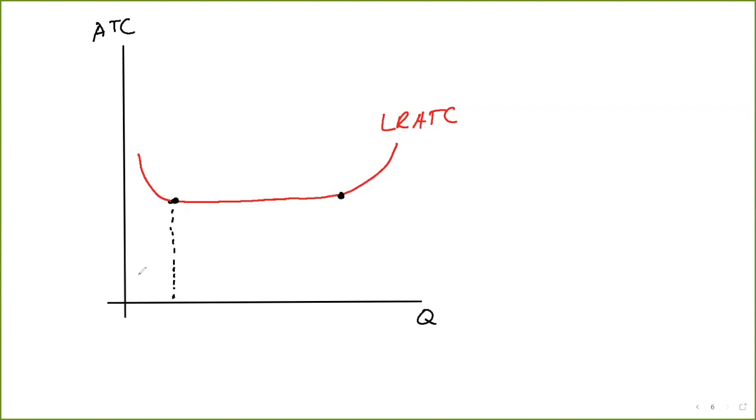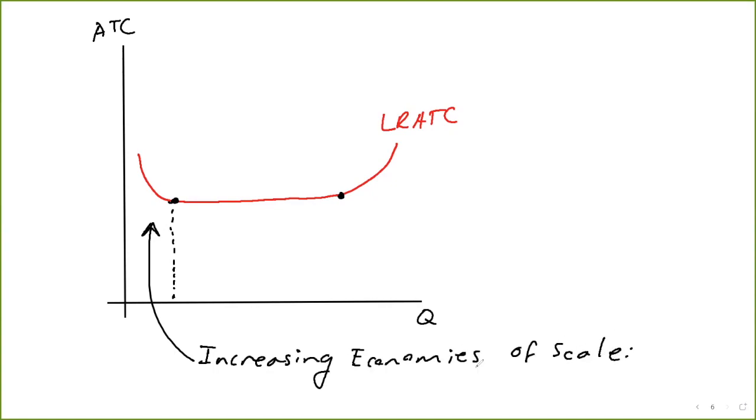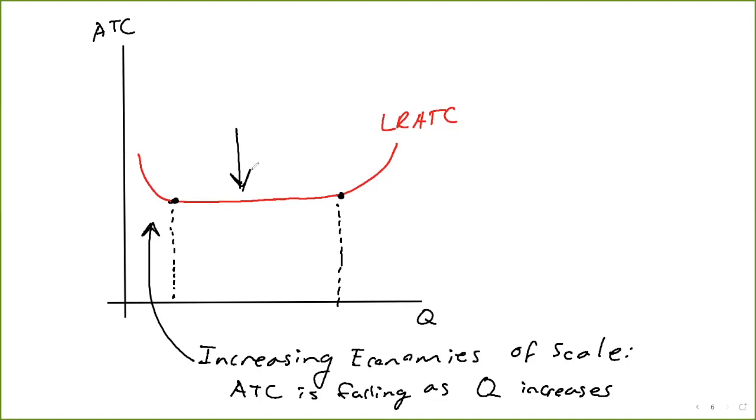So this region here, where we're decreasing our average total cost as quantity is increasing, we say that this region satisfies increasing economies of scale. And if a firm is exhibiting increasing economies of scale, like I said, that just means average total cost is falling as quantity increases.